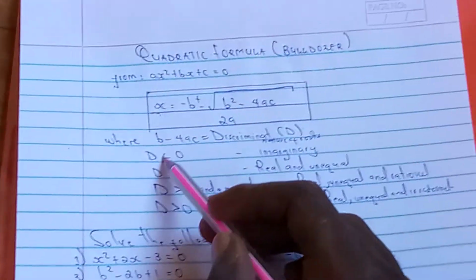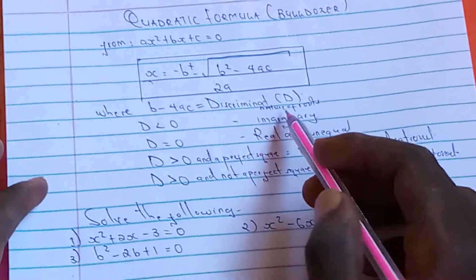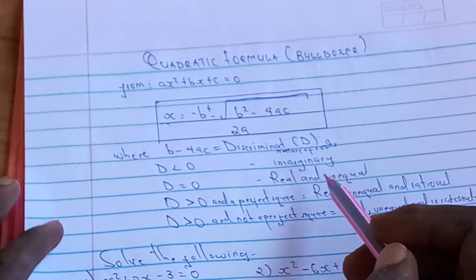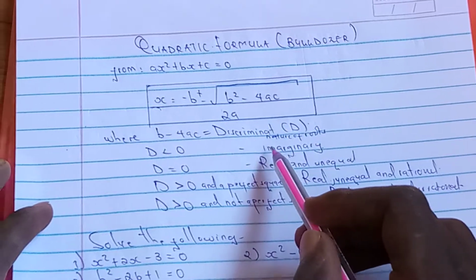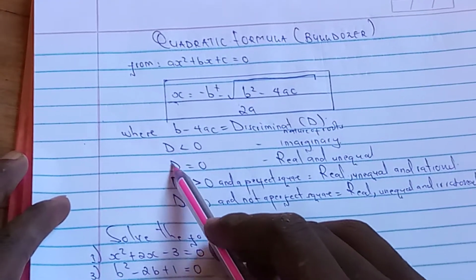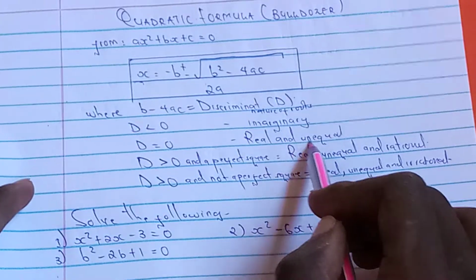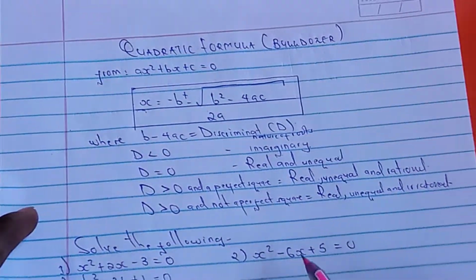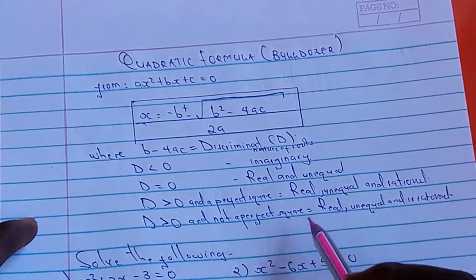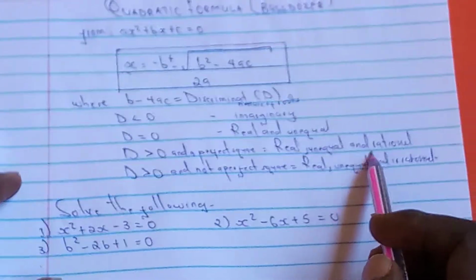If the discriminant is less than 0, then the nature of the roots will be imaginary. If the discriminant is equal to 0, the roots are real and equal. If the discriminant is greater than 0 and a perfect square, the roots are real, unequal, and rational.